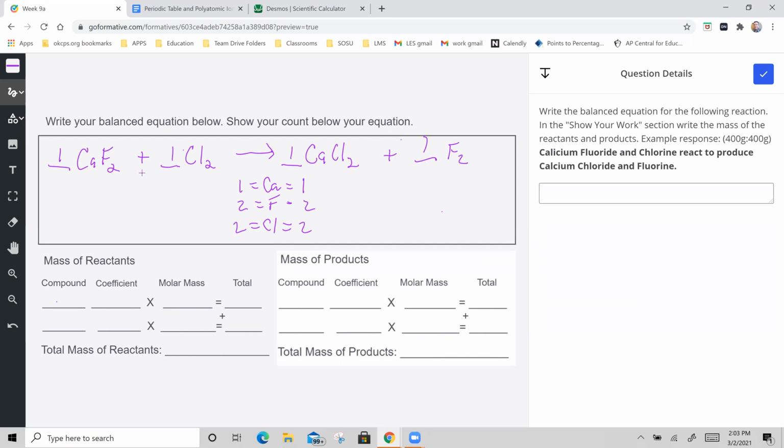The next thing you're going to do is simply list your compounds. On the reactant side, before the arrow, I have calcium fluoride, CaF2, and I also have Cl2. What are my coefficients? 1 and 1. That made it easy. What is the molar mass of calcium fluoride?